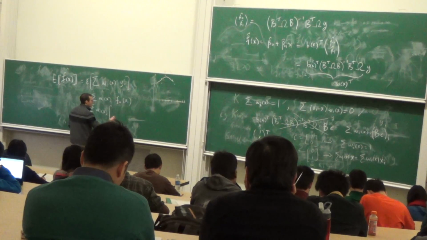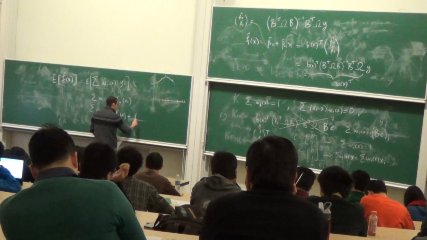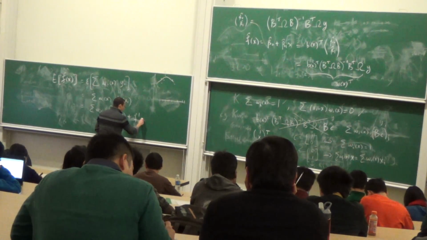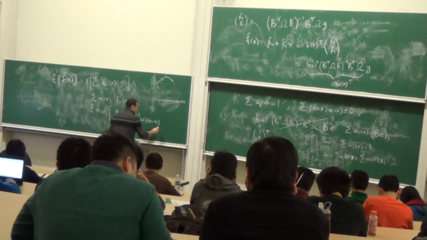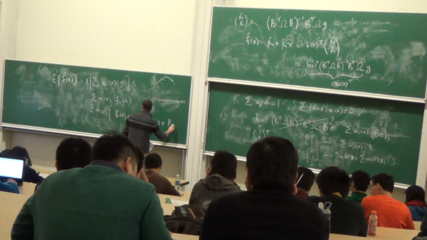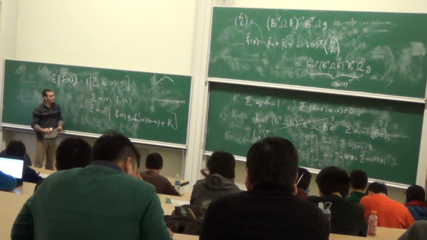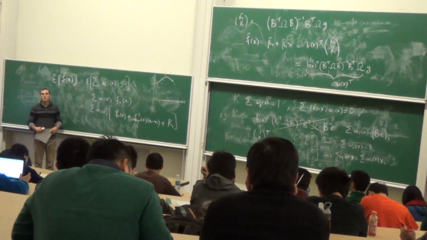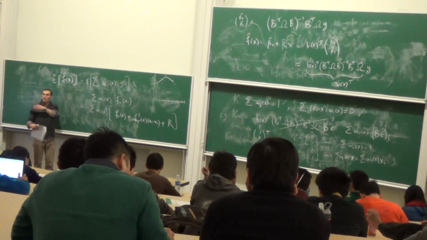Through that Taylor expansion we get f naught of x plus f naught prime of x times x minus xi, plus r. And this r contains higher order terms, right? x minus xi squared over 2 times the second derivative, and so on.